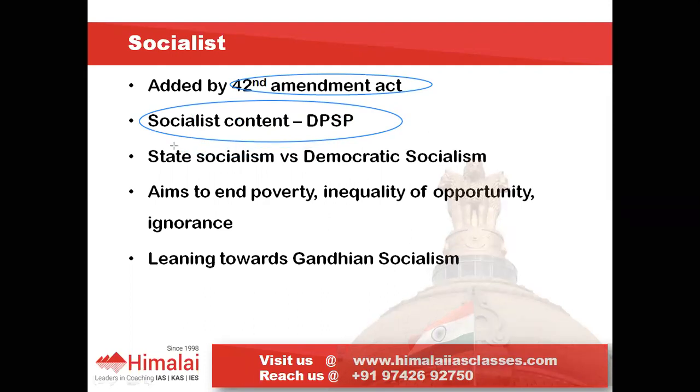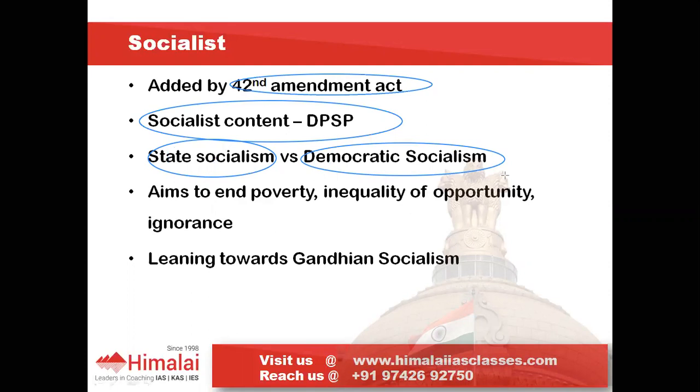Then, the socialism which India has opted for is not state socialism. An example of state socialism is communism, like what China has. That stands for complete control of the means of production and wealth by the state. Whereas we have opted for democratic socialism.